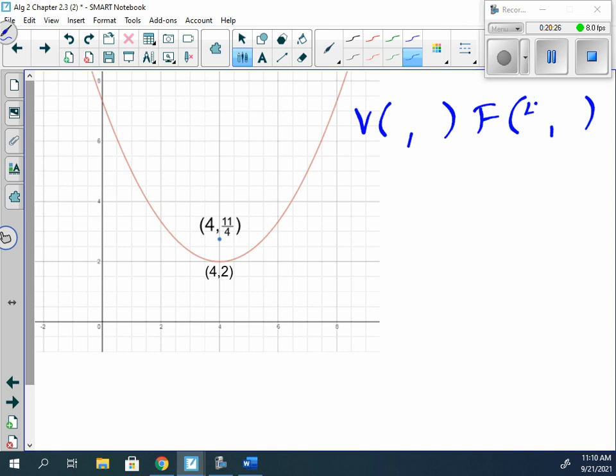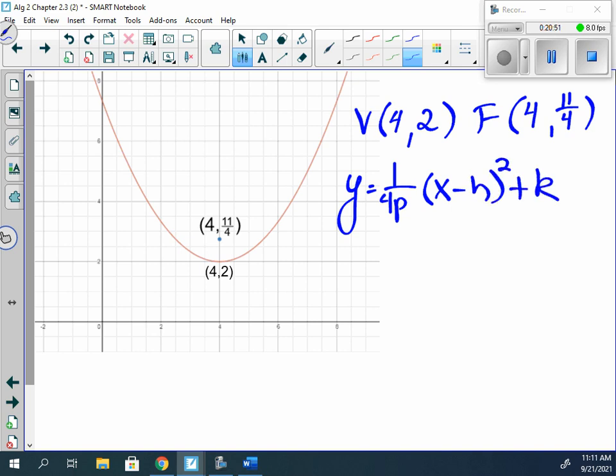Now the focus is going to be (4, 11 fourths). Our vertex is going to be the point (4, 2). So which one of these two equations are we going to be working with? Y equals 1 over 4p, parentheses x minus h squared plus k.